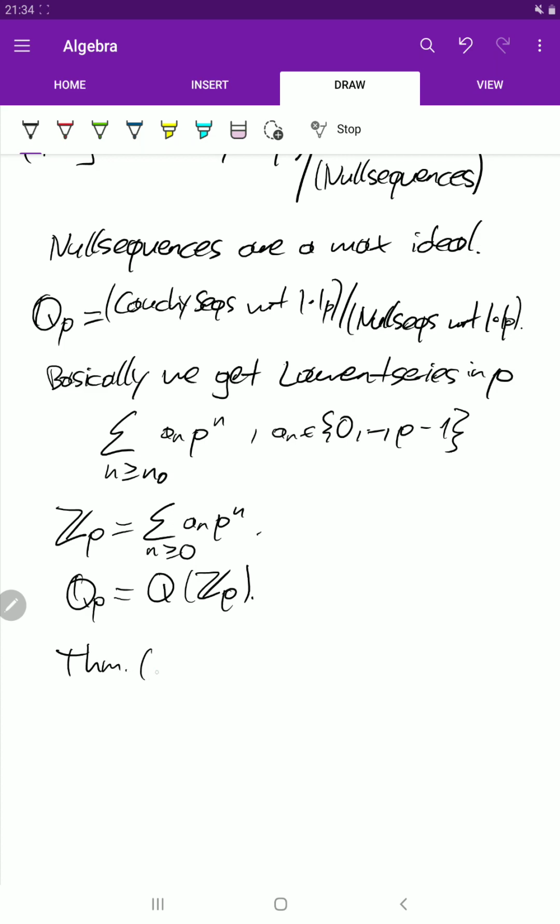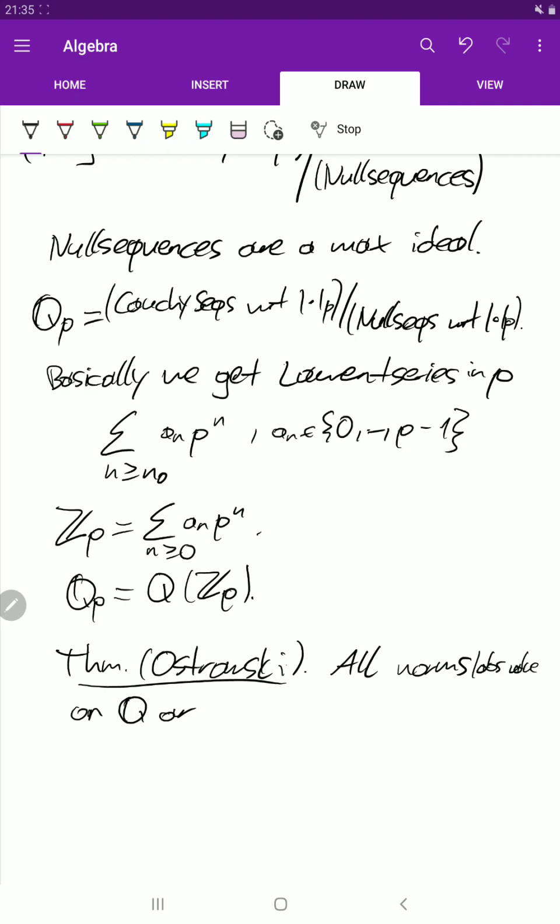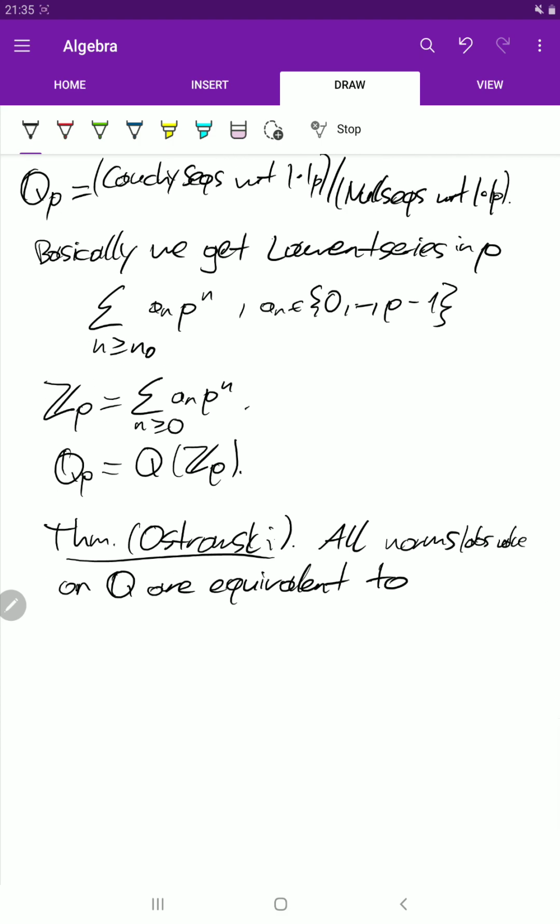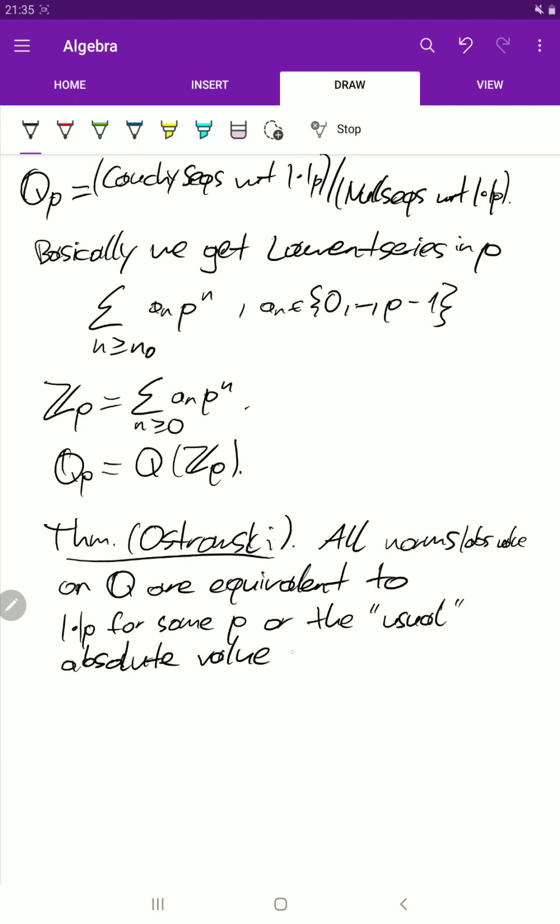There's a theorem by Ostrowski which says that all norms, or absolute values, on Q are equivalent to the p-norm for some p, or the usual absolute value, which is often denoted by infinity.